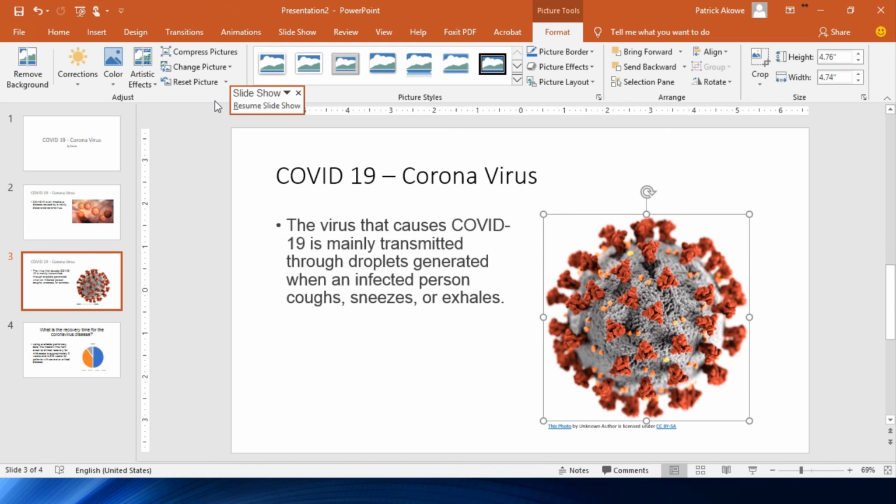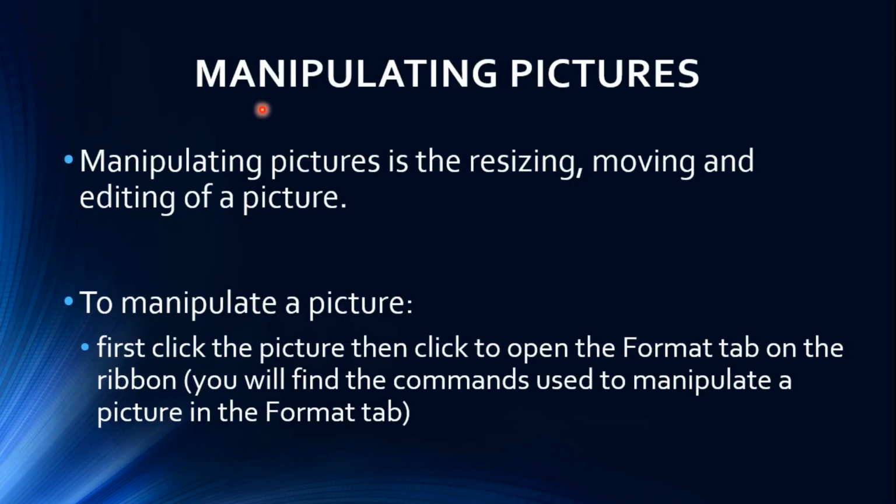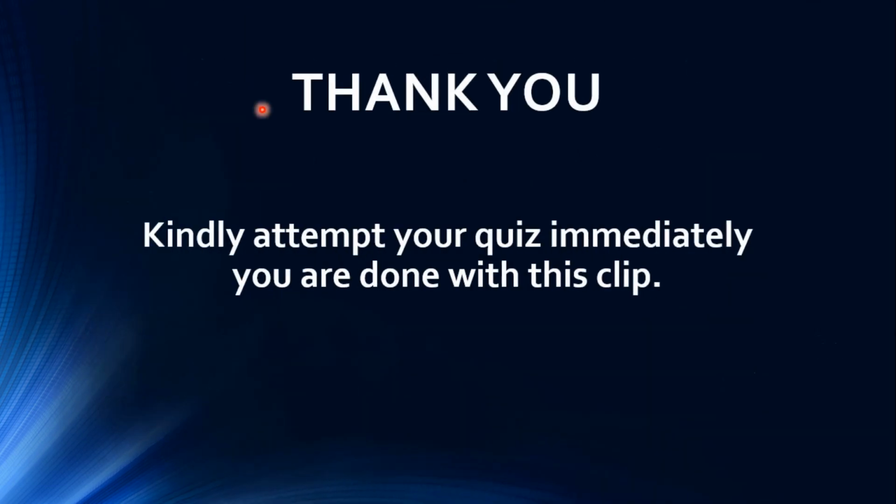Okay, all right, so we can do several other things here, but we're going to stop here today, and I expect that you will remember that to manipulate a picture, you have to go to the Format tab. You have to remember that charts are important.